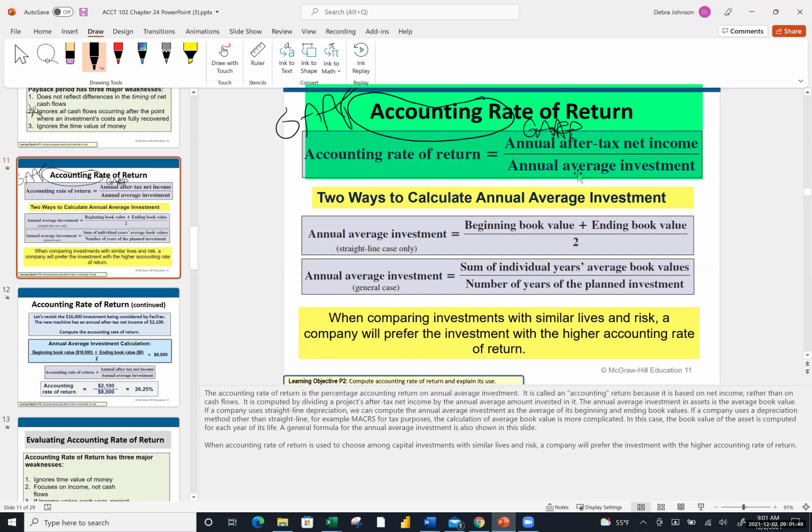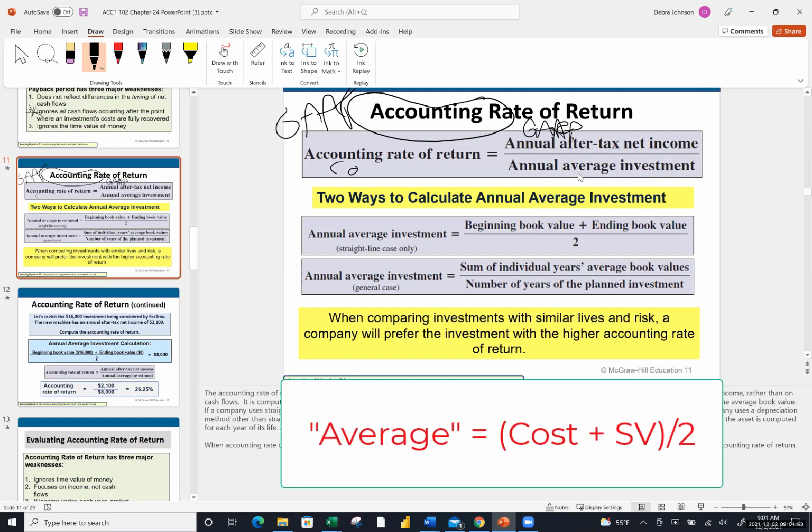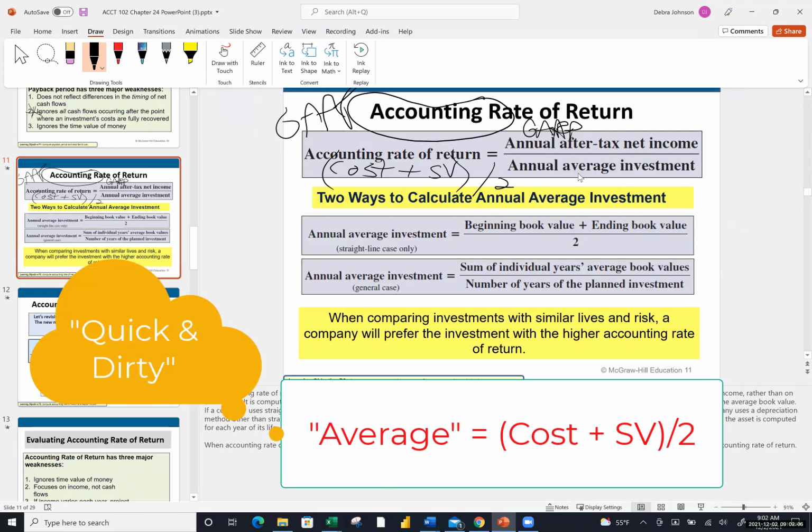What your book is going to use to calculate that average, it's going to take the cost plus the salvage value, because the salvage value comes back to you at the end, and it's going to divide by 2. It's also what I consider a quick and dirty way of finding the average investment. So that's going to be the formula that your author uses consistently.